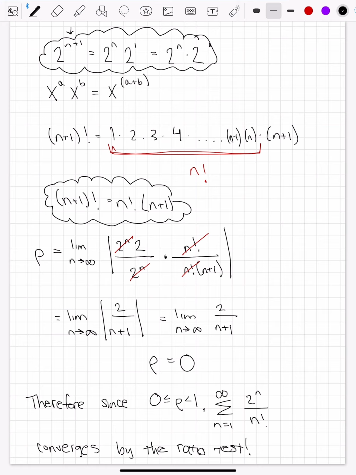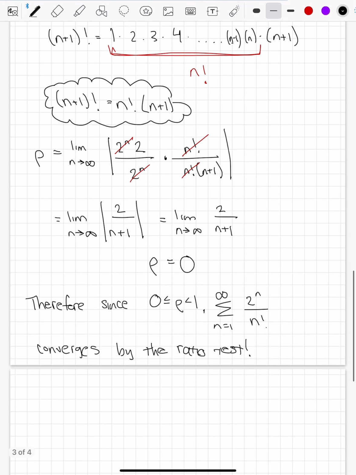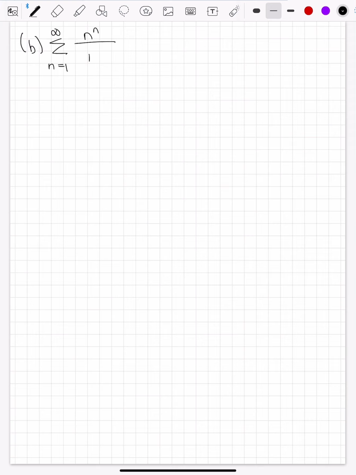Okay, and let's do another example or two. So in this example, we're given the sum from 1 to infinity of n to the n over n factorial. So we know that that's our a_n, and what's given to us is the formula in the series.